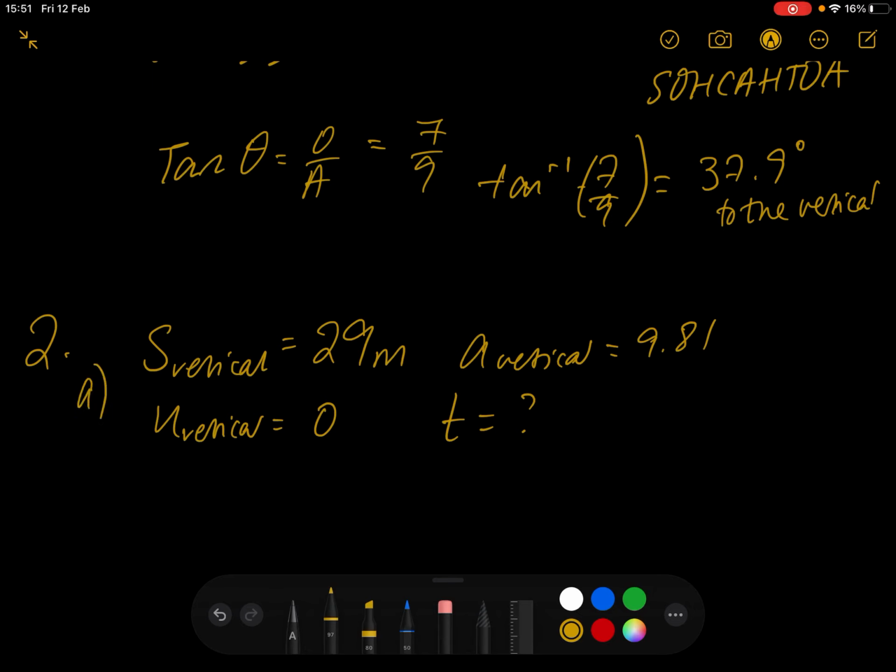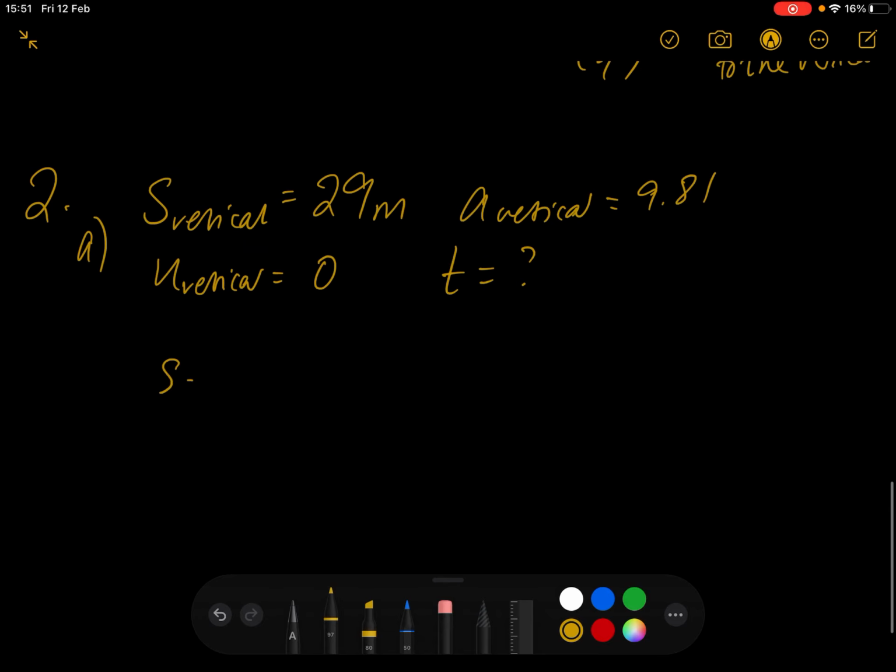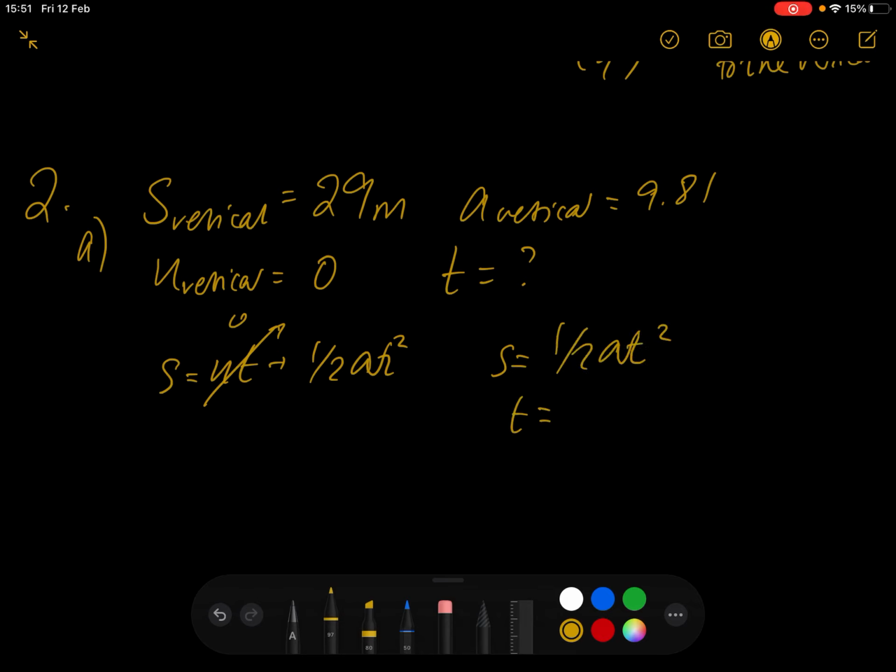So S equals ut plus half at squared would be quite a nice one. It's meant to be t squared, sorry. This is 0 because u is 0, so S is half at squared. T is the square root of 2s over a.